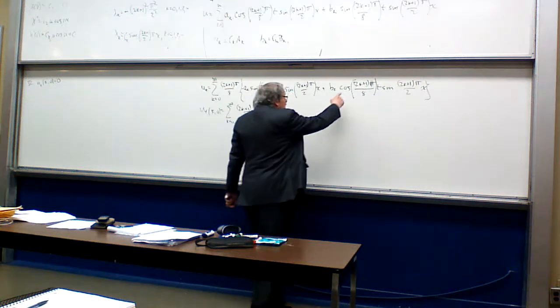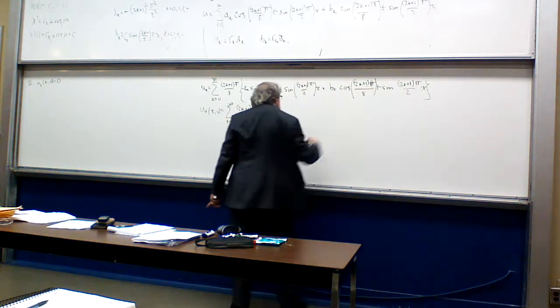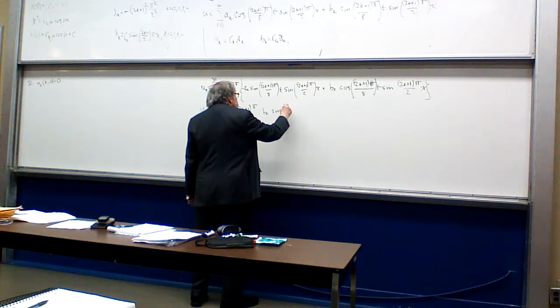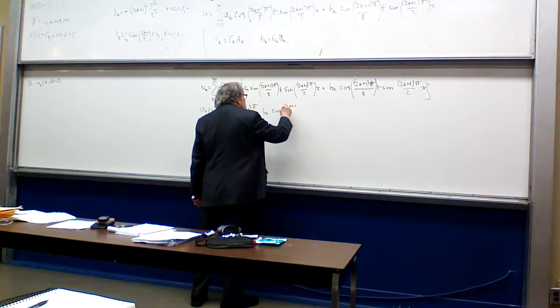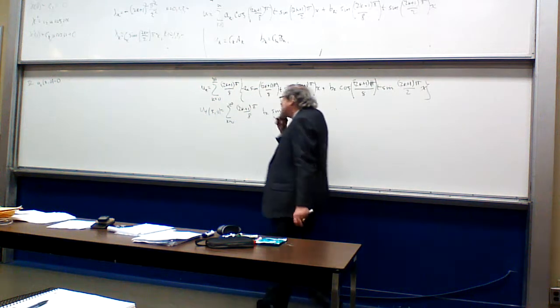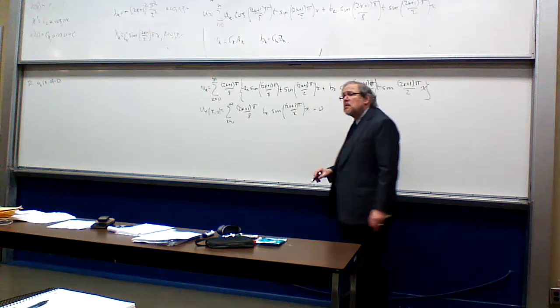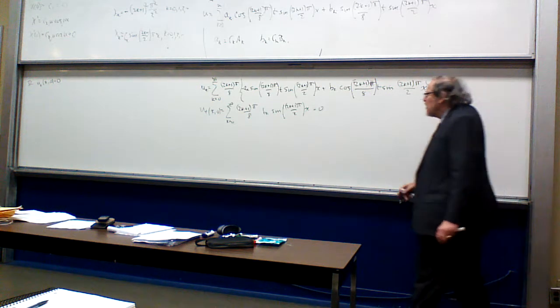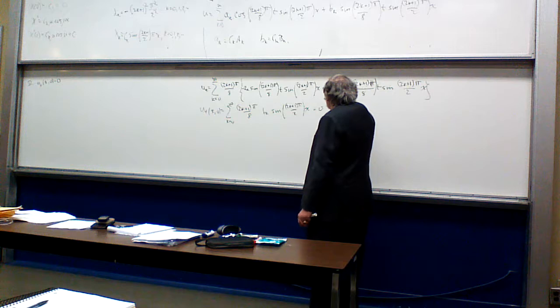What remains is b sub k, the cosine of 0 is 1, times sine (2k plus 1) pi over 2 x. That has to be 0, and therefore all the b's are 0.